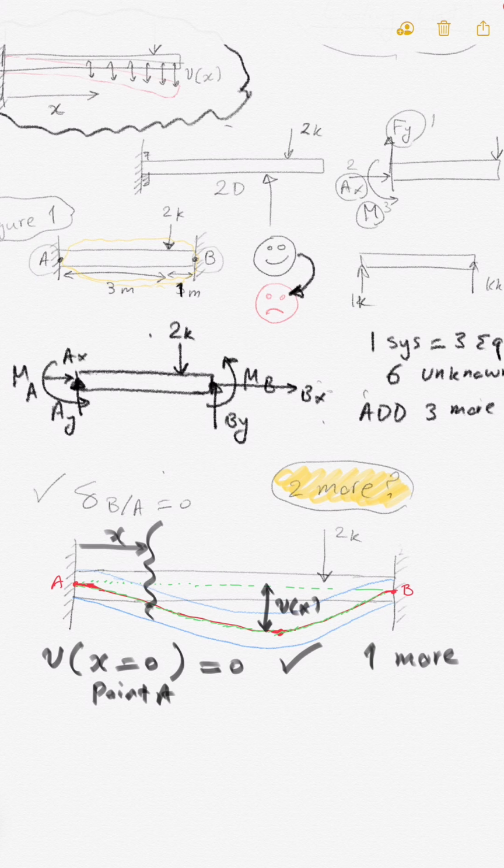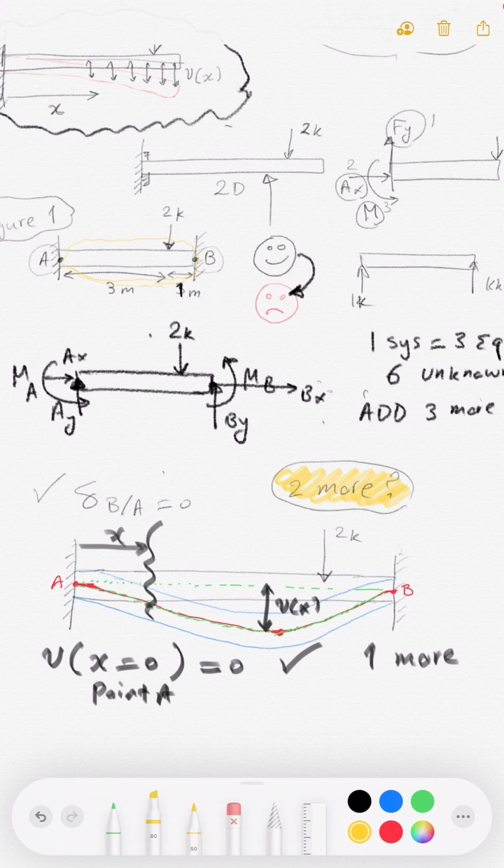If I expand this equation, I'm going to get additional information that I can add to my basic equilibrium equations, and then I can solve for all the unknowns in the original problem. And what was the original problem? Let's highlight it. This problem. What are my unknowns?